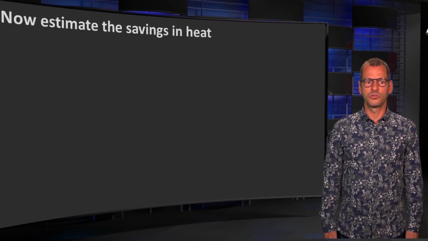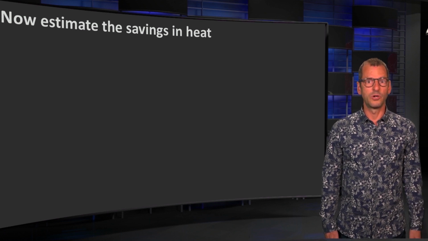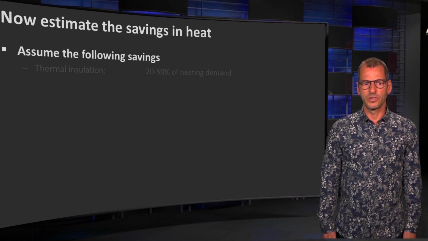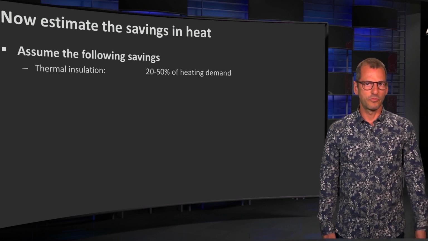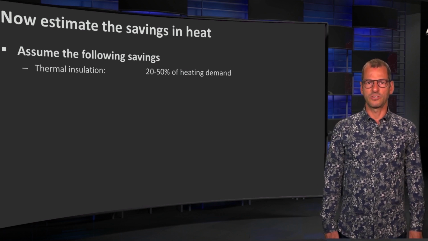And finally, of course, you have to estimate the savings of the measures you propose to your building. You can assume the following savings. For instance, thermal insulation could help you to save 20 to 50% of your heating demand.